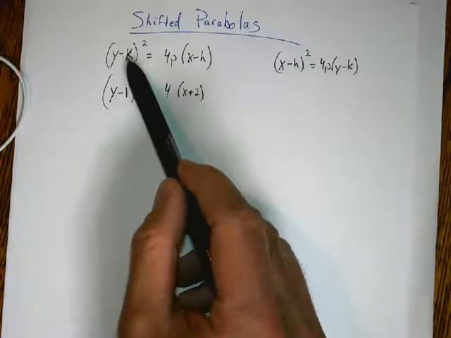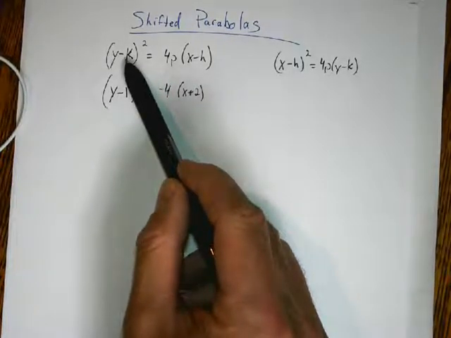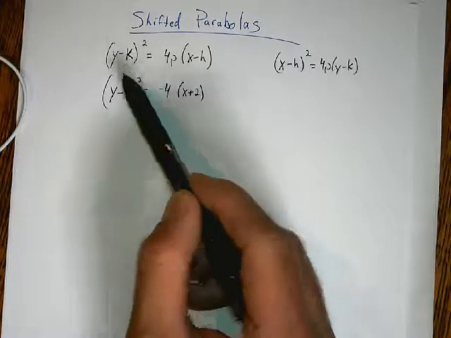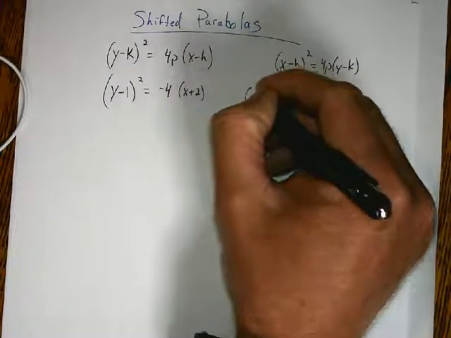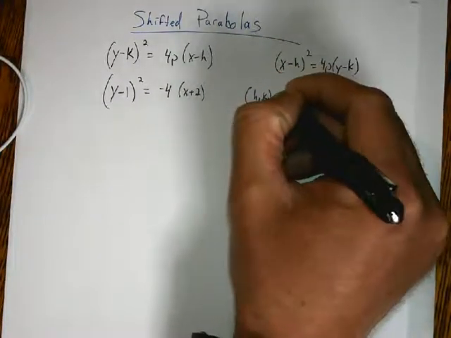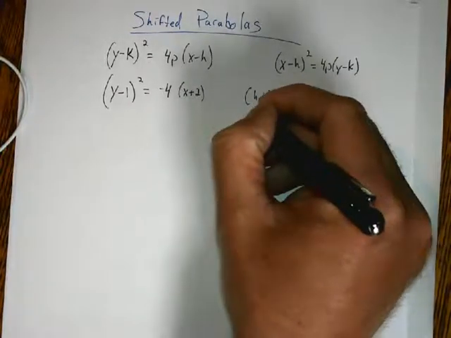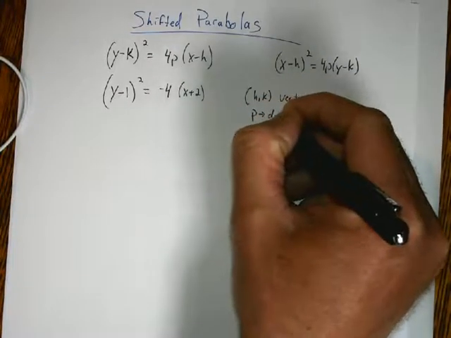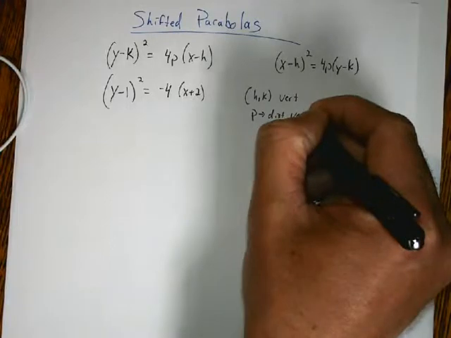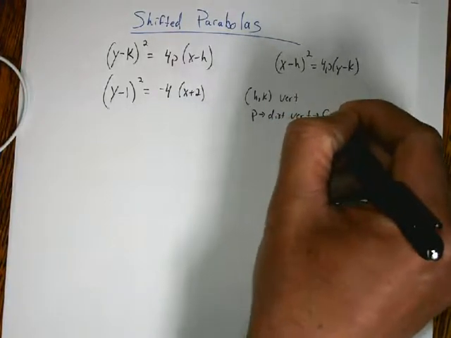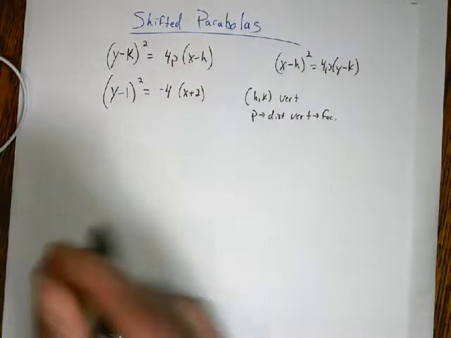Look what comes first in the formula here. K comes first. This is where most of you guys will make your mistake. So we know that (h, k) is the vertex. The p is still the distance from vertex to focus. And then the opposite of p will be the vertex to the directrix.